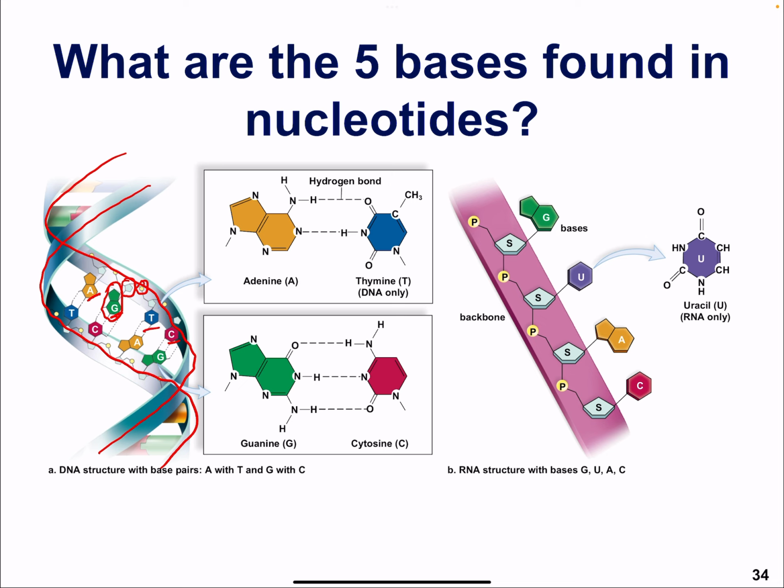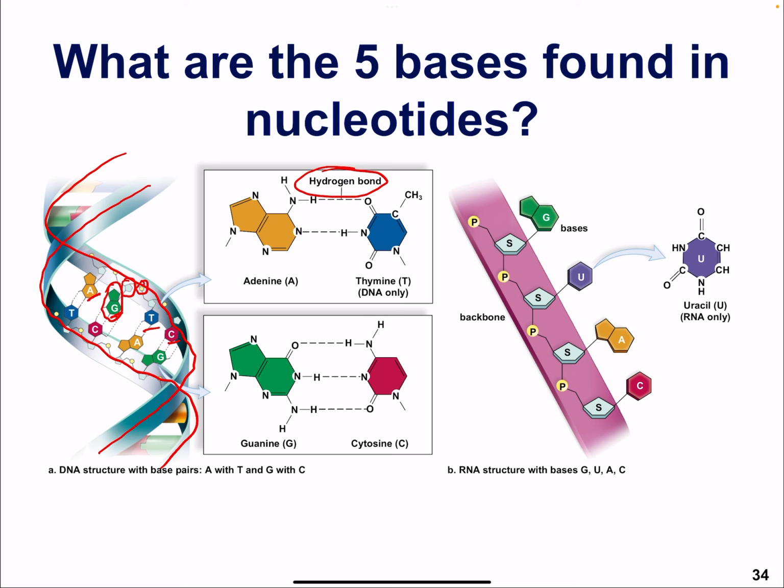Notice that adenine pairs with thymine, guanine pairs with cytosine, and these two strands are stabilized by hydrogen bonds, as you can see here, right? Between adenine and thymine, you have 2 hydrogen bonds, while between guanine and cytosine, we have 3 hydrogen bonds.